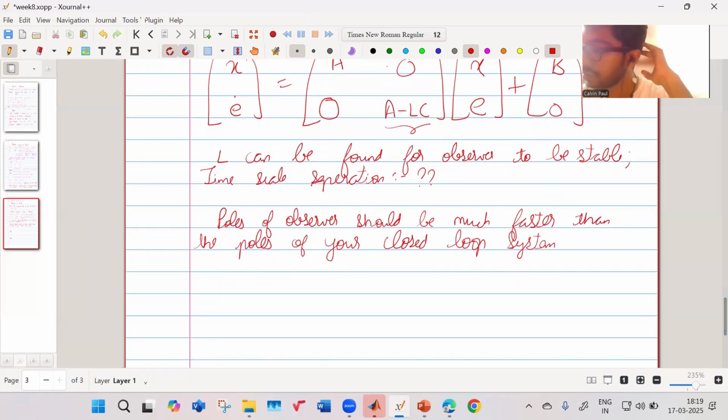And why is that? So that your observer will quickly estimate the value of your state.